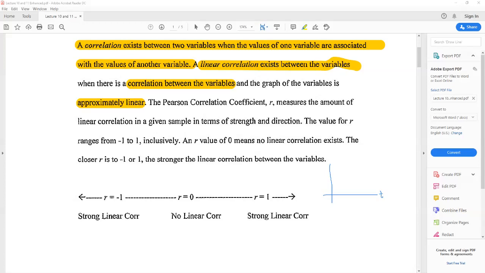And we notice that one student studies for the ACT for 1 hour, and that student happens to score a 16 on the ACT. So we'll plot their point here. The second student we look at studies for 2 hours and scores a 17.